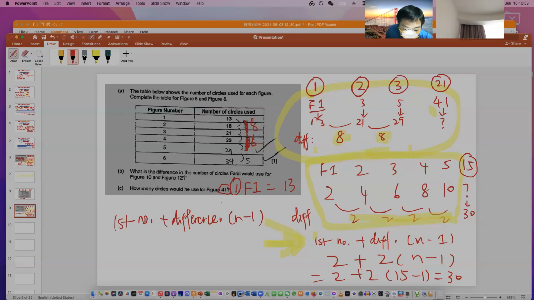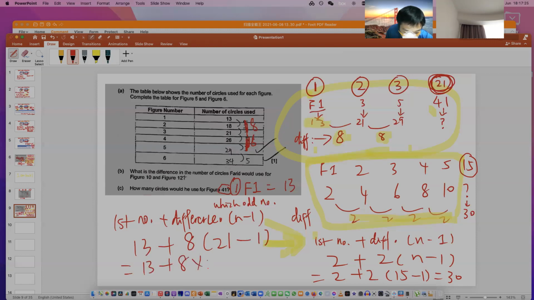The n here refers to which odd number. The first number is 13, and the difference is 8. n is 21 here. So you will get 13 plus 8 times 20. That's why the answer is 173.